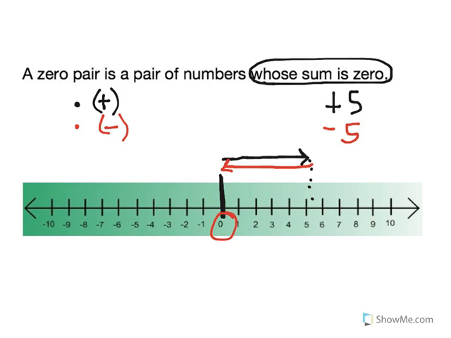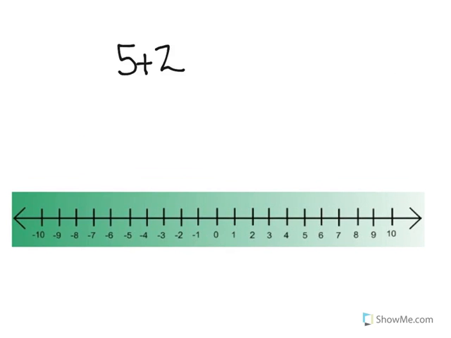Where would I end up? Exactly. I would end up at 0. So, make sure that you understand that a zero pair is basically when you have a number and its opposite. That equals 0. Now let's go ahead and move on to adding integers.